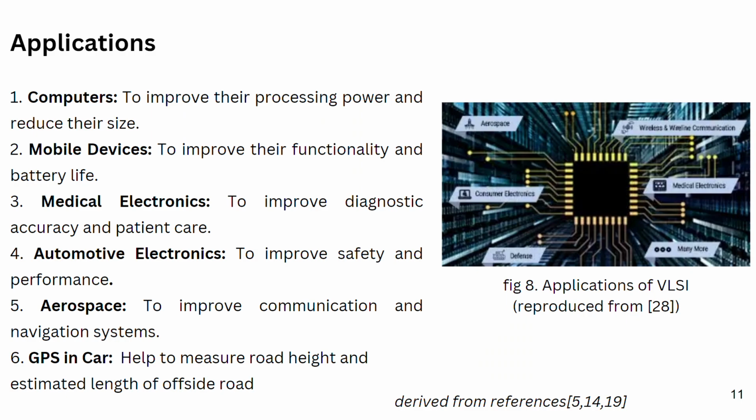And in medical electronics we normally use it to improve diagnostic accuracy and patient care. And in automotive electronics, we use VLSI to improve safety and performance. And we also use VLSI technology in aerospace. The main aim in this area of usage is to improve communication and navigation systems.